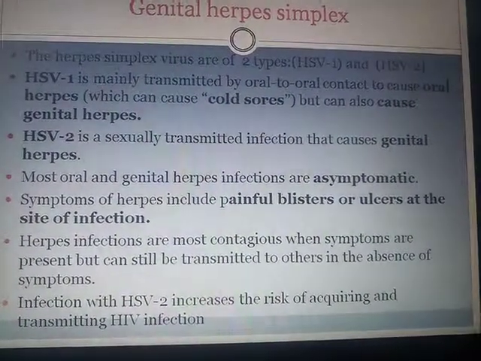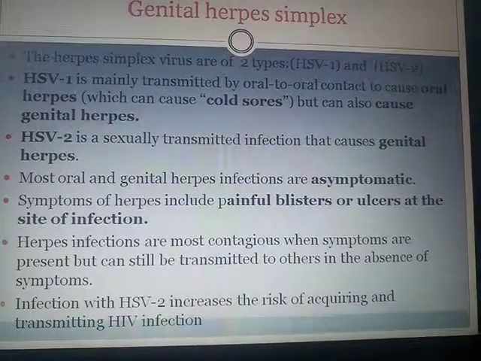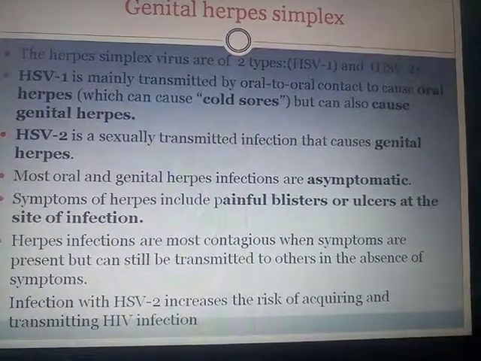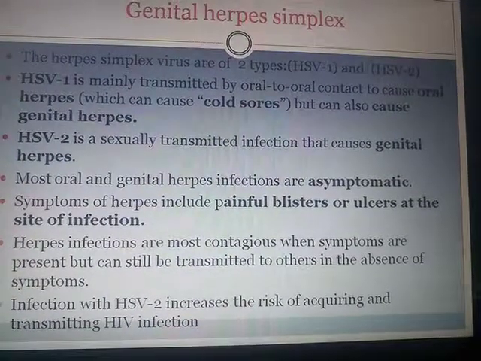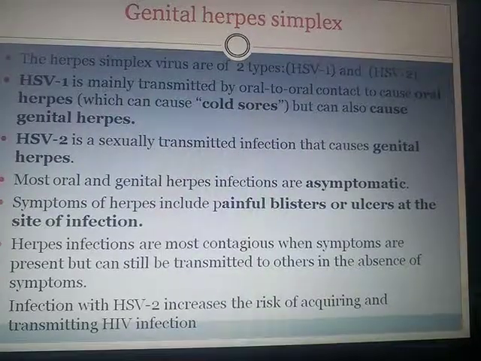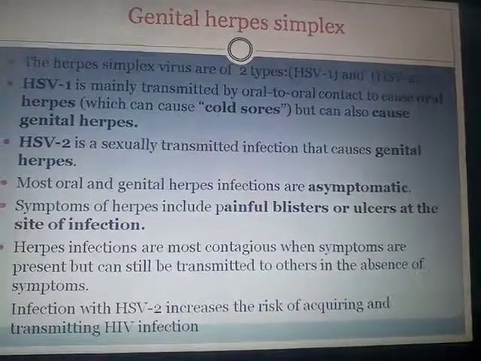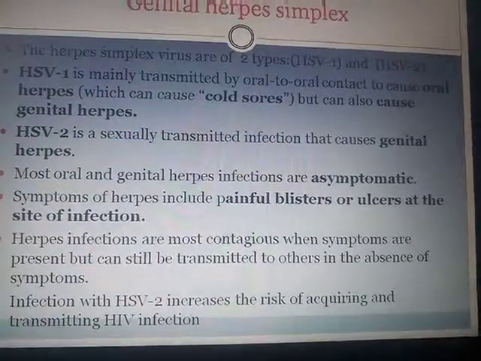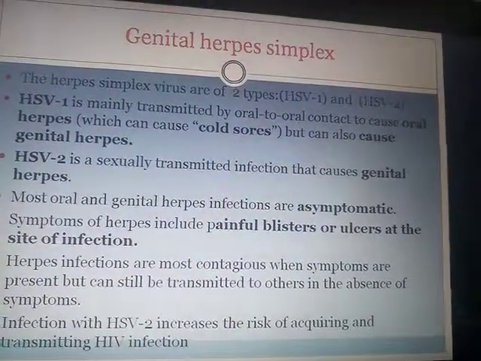By giving tablet acyclovir, or you can use acyclovir ointments. Tablet acyclovir is given 4 times a day in genital herpes.